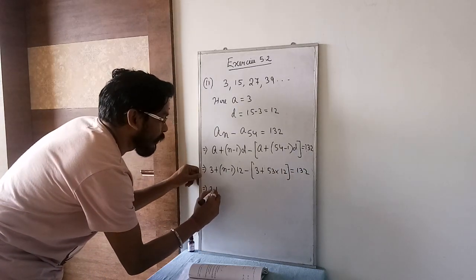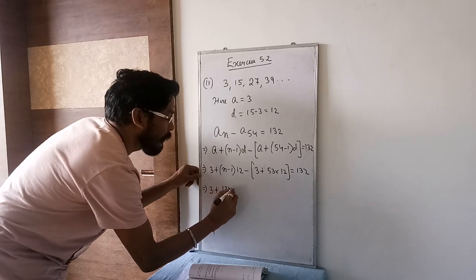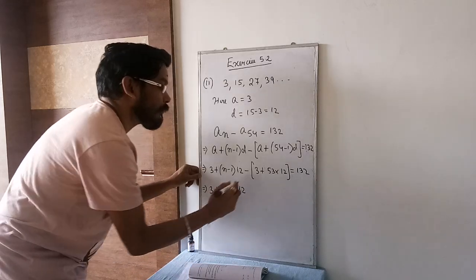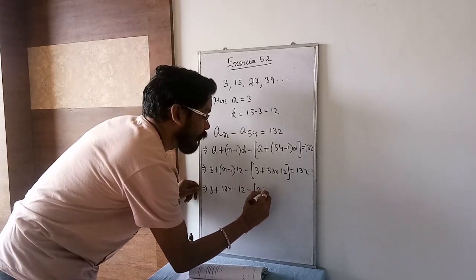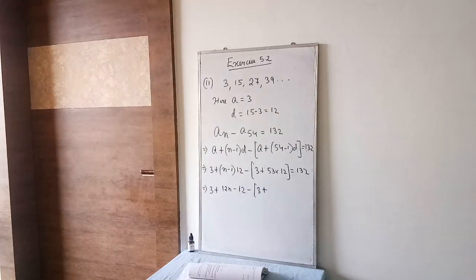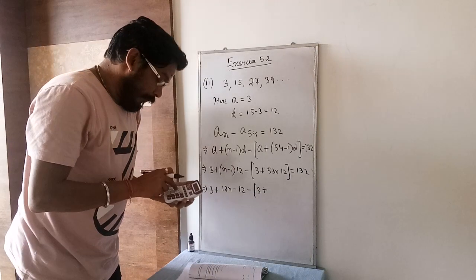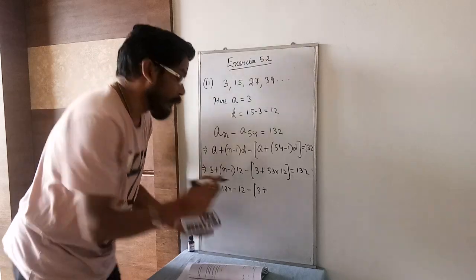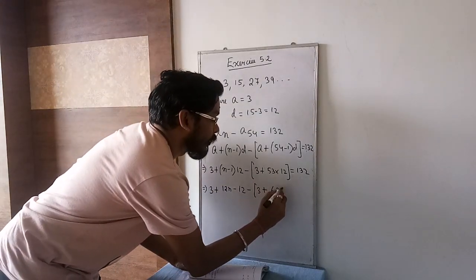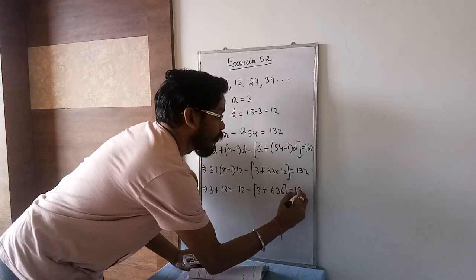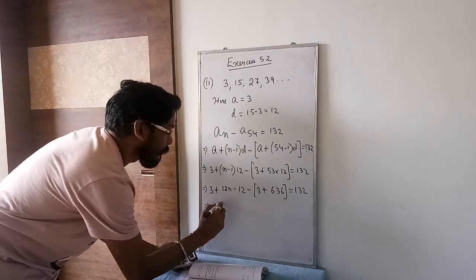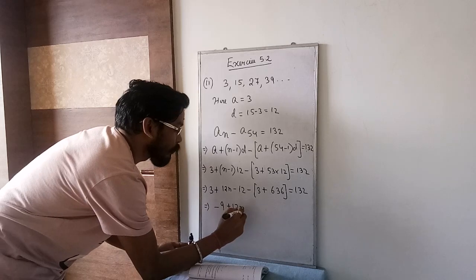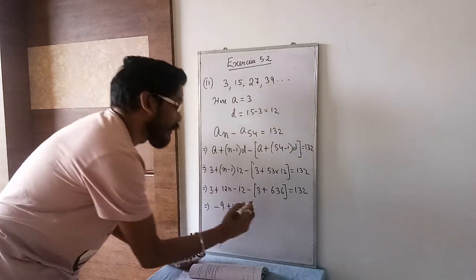Now I will break the bracket. n into 12 is 12n minus 12, and 53 into 12 is 636. So 3 minus 12 minus 3 minus 636 plus 12n equal to 132.